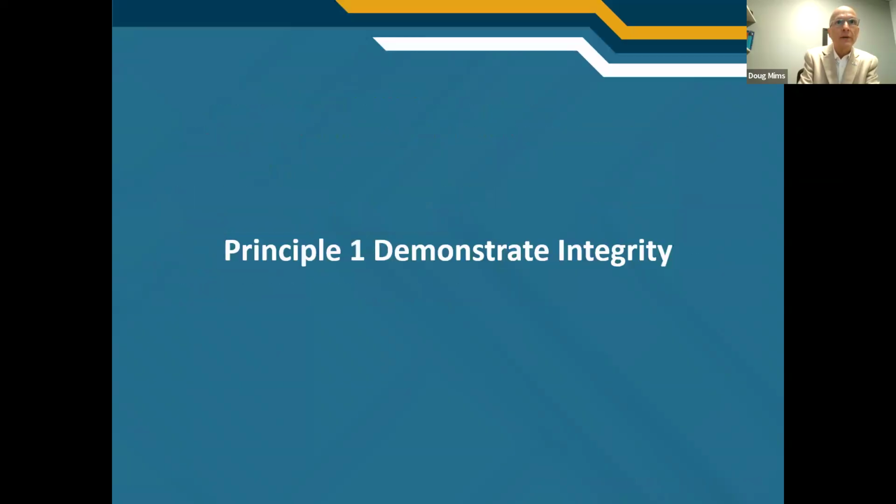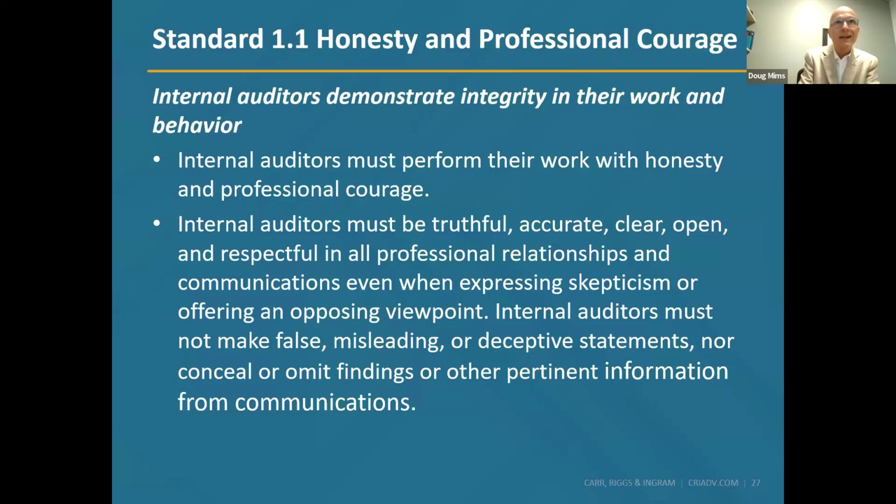So from there, under Principle 1, demonstrate integrity, this is Standard 1.1. So internal auditors must perform their work with honesty and professional courage, and we'll talk more about professional courage in a minute. Internal auditors must be truthful, accurate, clear, open, and respectful in all professional relationships and communications, even when expressing skepticism or offering an opposing viewpoint. Internal auditors must not make false, misleading, or deceptive statements, nor conceal or omit findings or other pertinent information from communications.